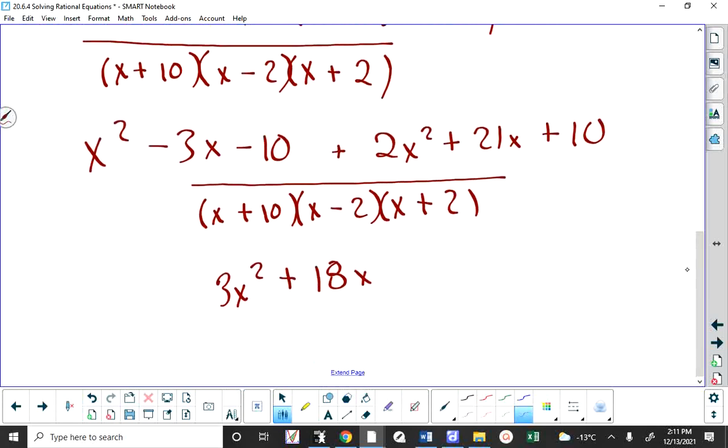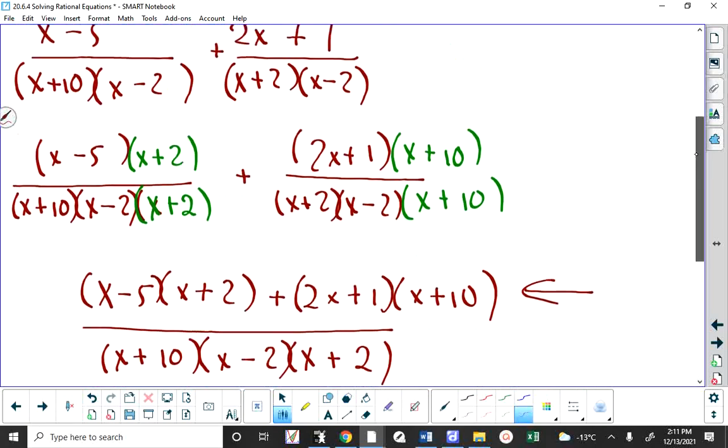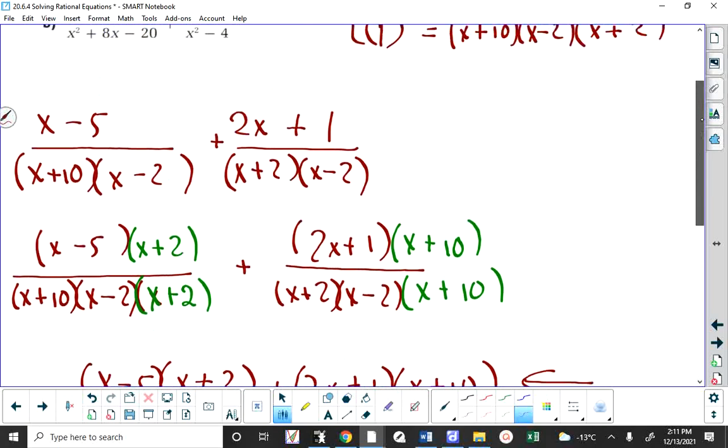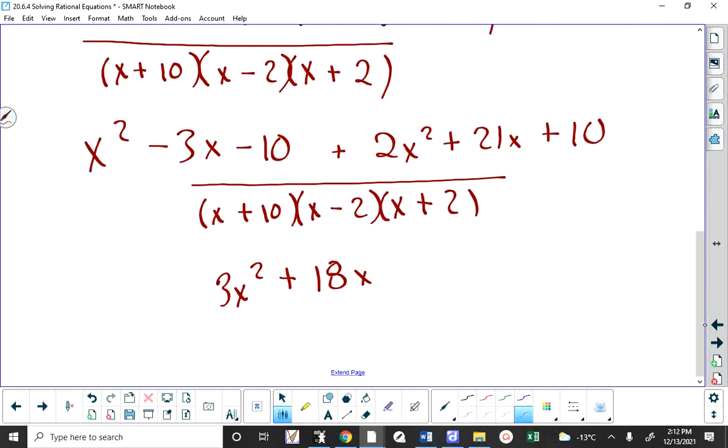That's kind of weird that we have negative 10 plus 10. So my immediate reaction is to check to make sure I didn't make a mistake, which should be something you learn from. You get something like that, it happens. Well, no, it's going to be 10 minus 10. So we get that, and this is over x plus 10, x minus 2, x plus 2.